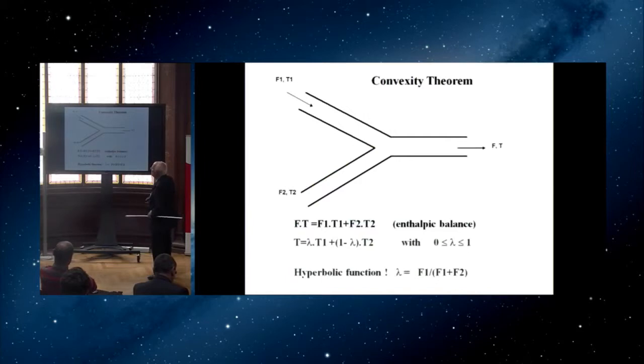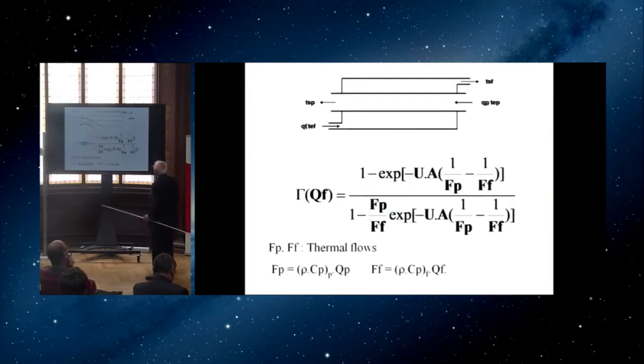Now let's go to chemistry. The convexity theorem: if you mix the enthalpic balance, F equals 1, F equals 2, you get that, you already know that. And if you do the counter current, where the formula is a little bit different, this system is the most unique in the world.